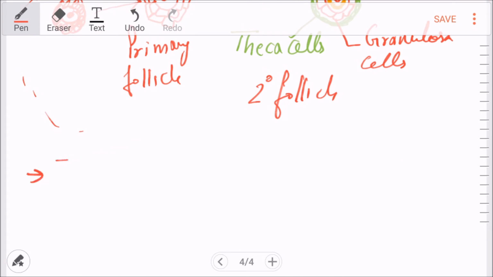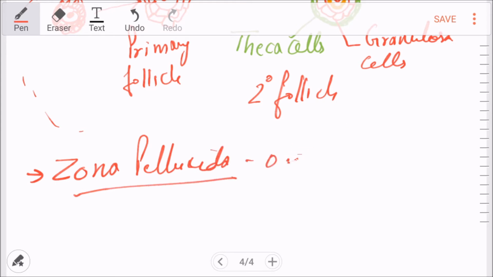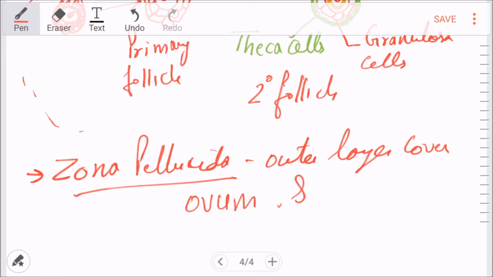First is zona pellucida. It is the outer layer, covers ovum.